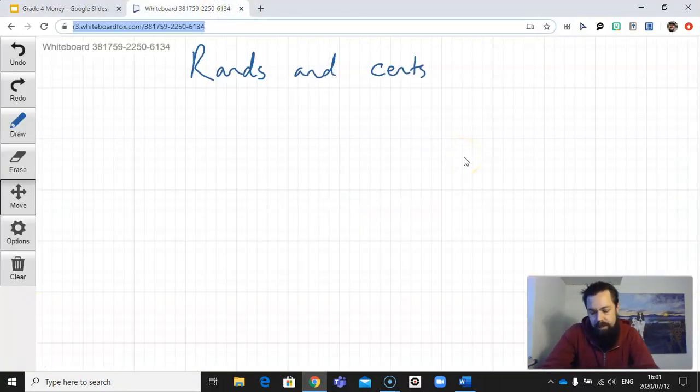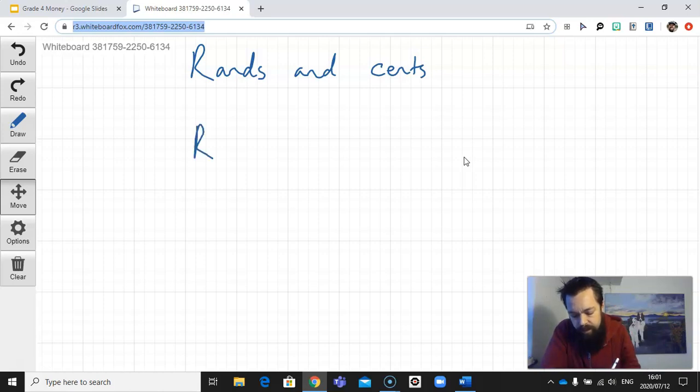So rands and cents. You're going to see now where the decimal story comes in. Decimal is like a comma. So you might have something like 2 Rand written like that. And when you just see 2 Rand, what it means is that there is 2 Rand with no cents.